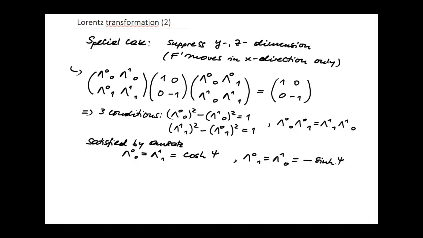We could also have satisfied these conditions if we had chosen, rather than the hyperbolic cosine, minus the hyperbolic cosine.